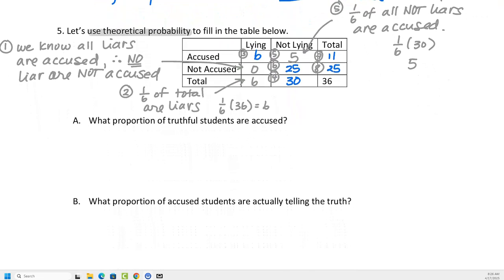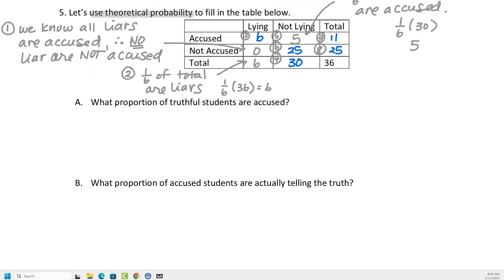Are you okay with how we filled that in theoretically? It's a good reminder of how to do theoretical versus empirical. Okay, what proportion of truthful students are accused? So we're doing it again, but we're doing it with the theoretical data. So here's my given.